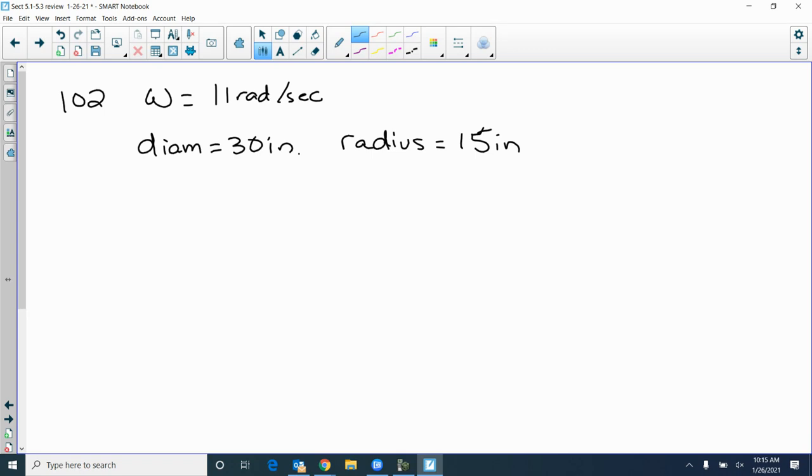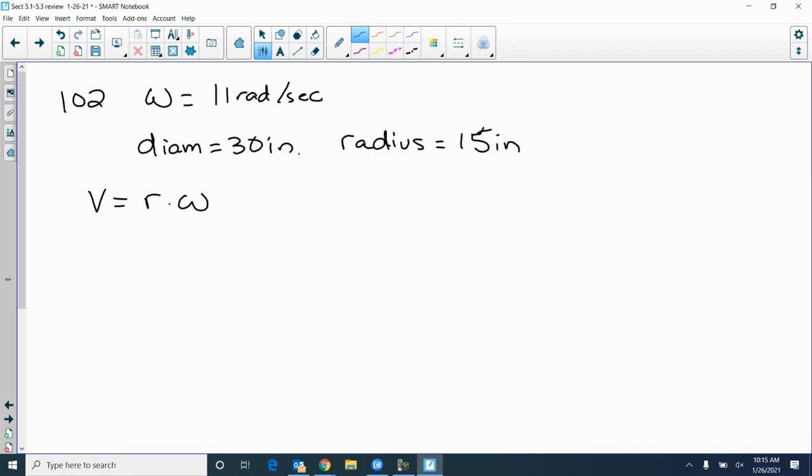So if it's going 11 radians per second, how would we use that to figure out the revolutions? Linear speed is angular speed times radius. And this is the easy way. Just trying to figure out the hard way because most people didn't recognize that.